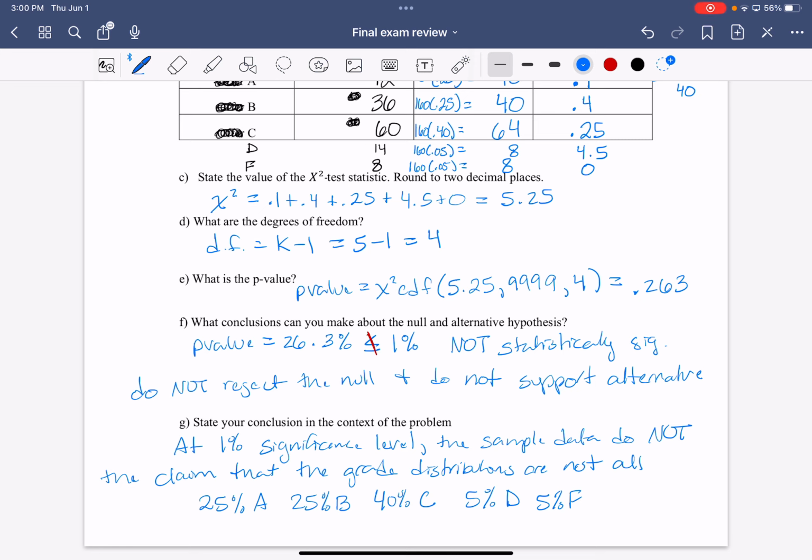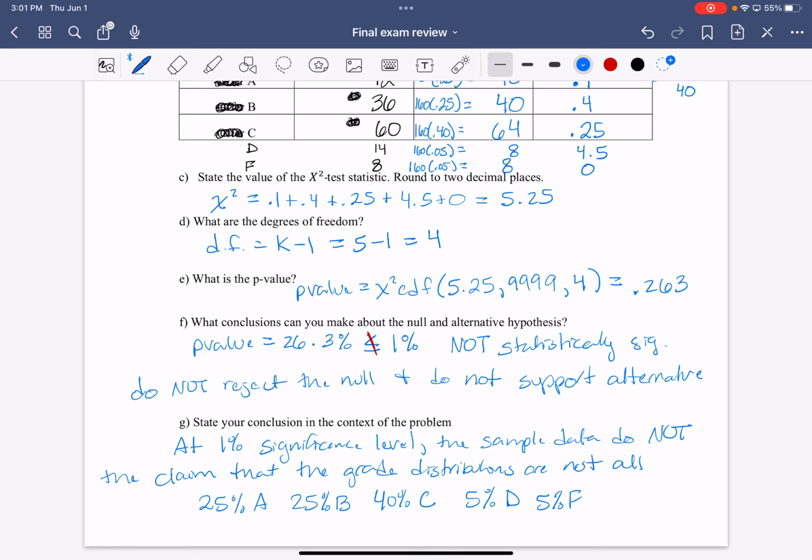Doesn't make sense to me. This one's weird, because we have a double not in our conclusion. That's automatic confusion. So we're saying, consider it separate: our sample data does not support the claim. What was the claim?